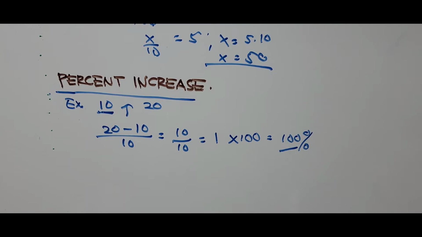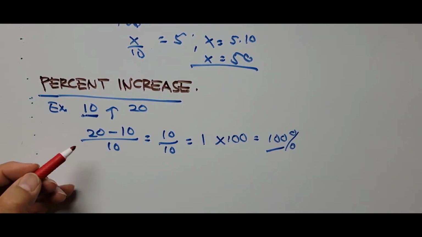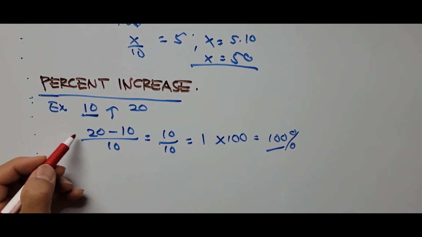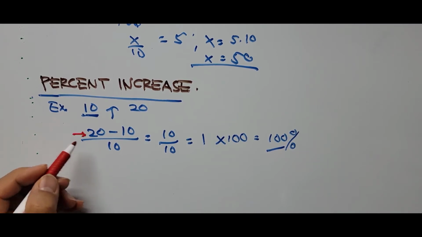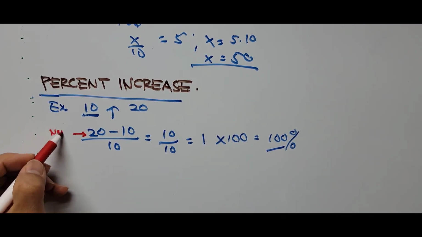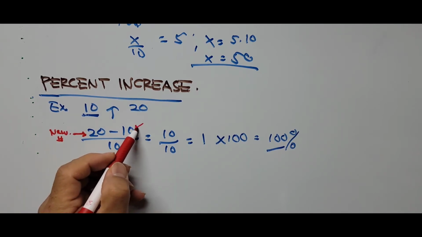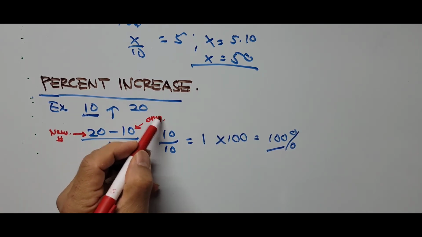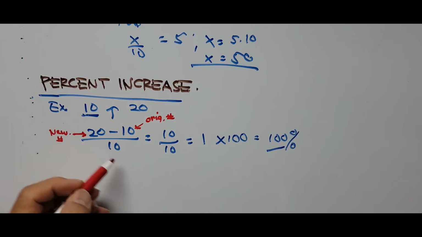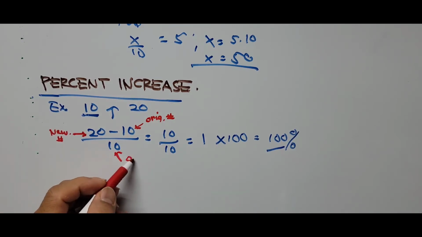All right, that's the end. In this example, if we label these numbers, the values, this is the new value, or new number, and the 10 is the original number. And the 10 again is the same way, the original number.